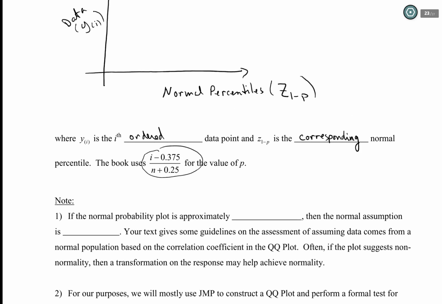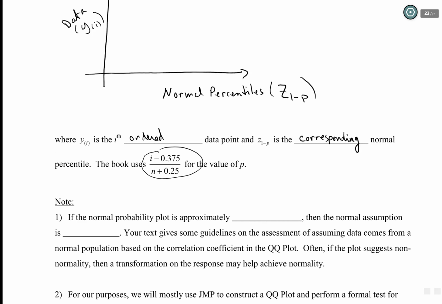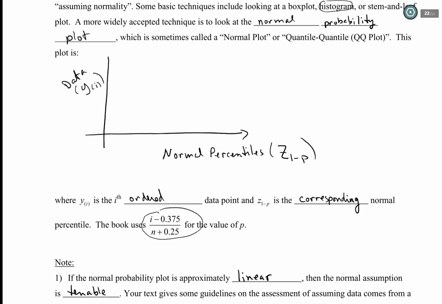If the QQ plot, or the normal probability plot, is approximately linear, then the normal assumption is tenable, that is, it's defendable. You want your plot to look something like this.